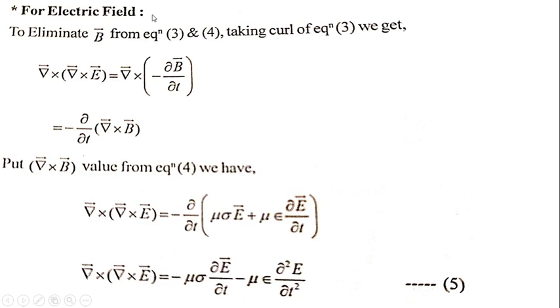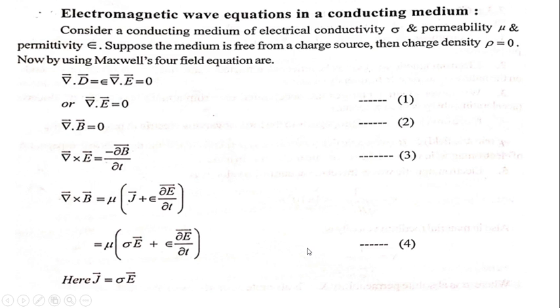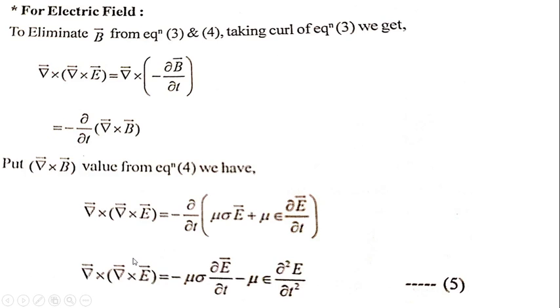For the electric field, to eliminate vector B from equations 3 and 4, see equations 3 and 4, here we eliminate B bar.